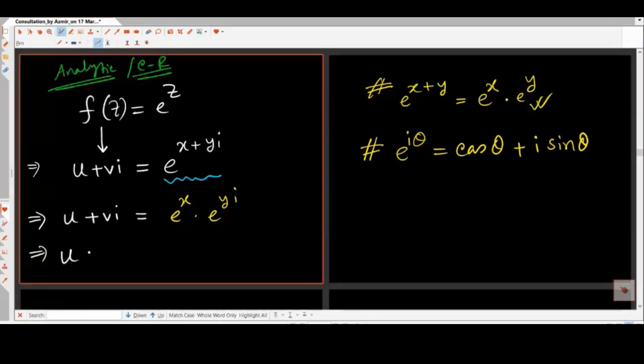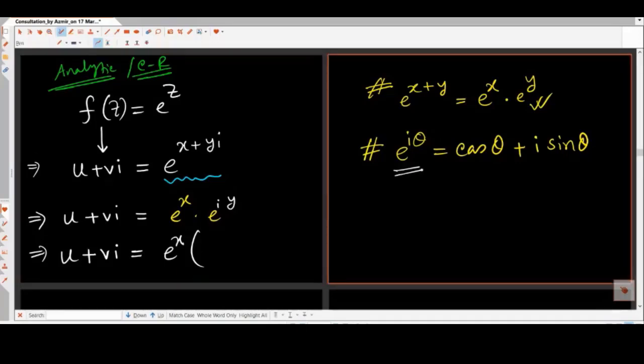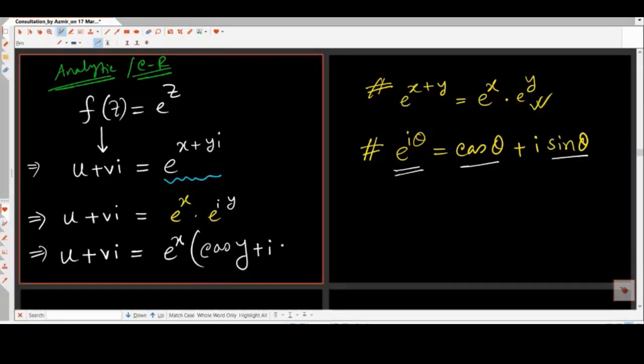In the next equation, we are going to write u plus vi equals e to the x times e to the i y. Compare with e to the i theta, that is cosine theta plus i sine theta. So that means e to the i y is cosine y plus i sine y.